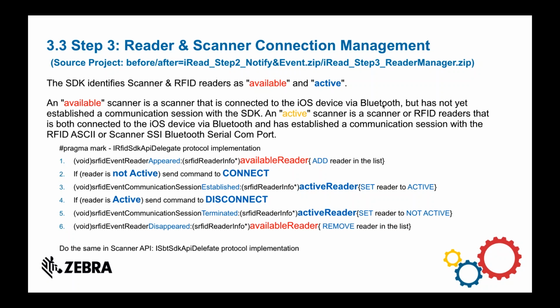Once you send a command to establish a communication session, you can set the reader to the active state. And here's the pseudo code showing how to implement this sequence. Later we'll go through the code, and I will show you how to do it.